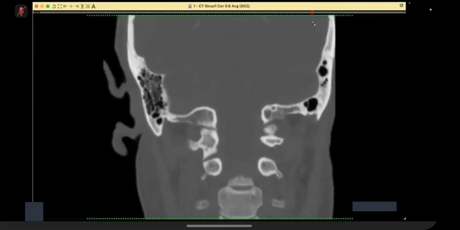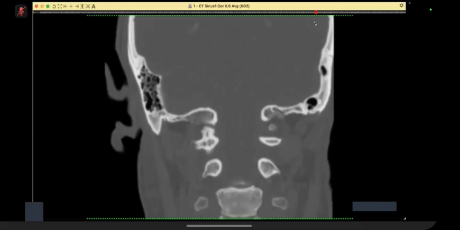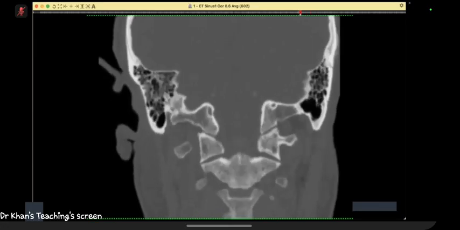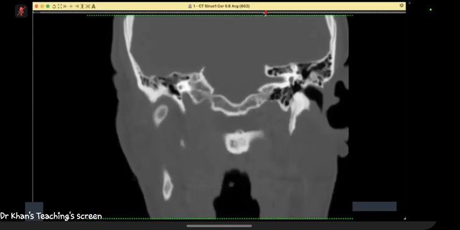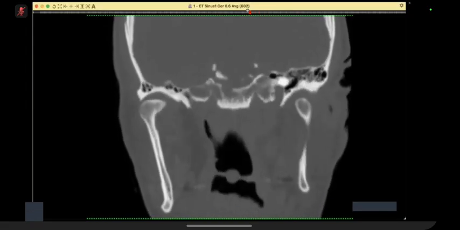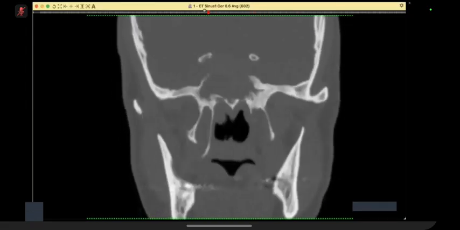Just go posteriorly. The vertebrae appear unremarkable. I will just go again anteriorly to look at the abnormality.